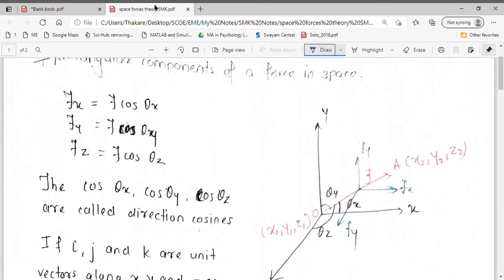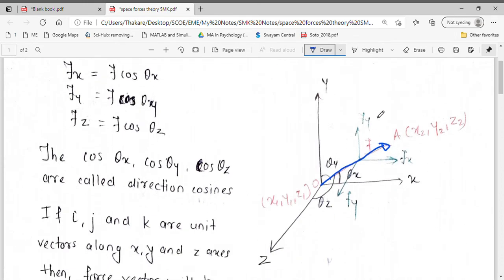A force OA is as shown in figure. It is a non-coplanar force system because it has all three coordinates x, y and z. So at point O it is x1, y1, z1, and at point A it is x2, y2, z2.